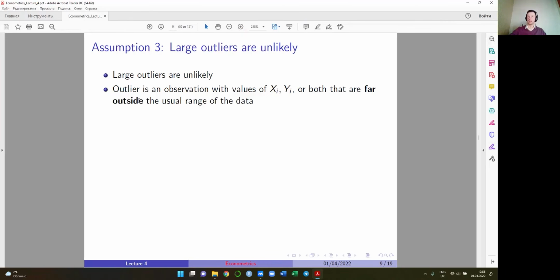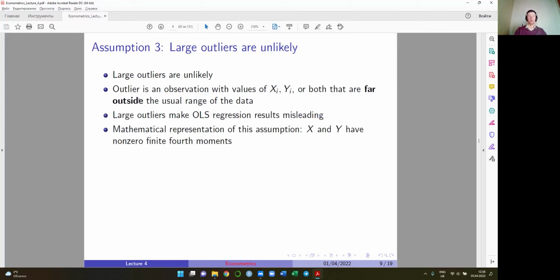So the means are sensitive to outliers. The same story is with OLS estimates, because OLS estimates are also sensitive to outliers. So that's why we want to get rid of them. Large outliers make OLS regression results misleading.